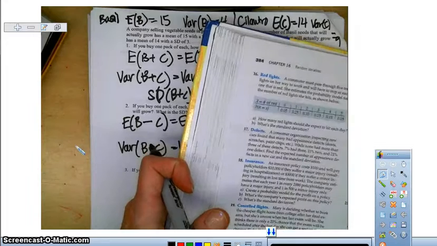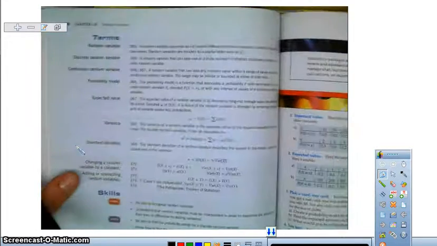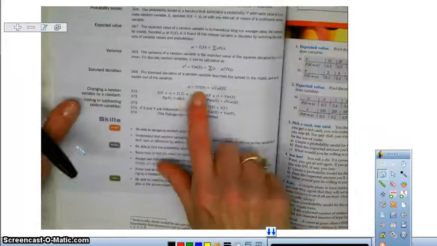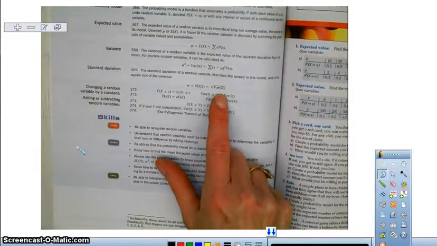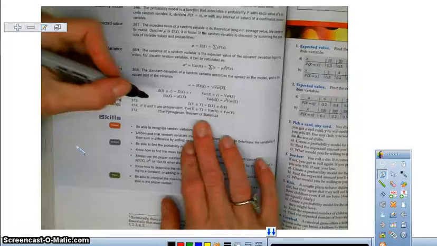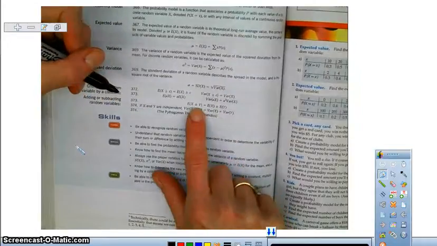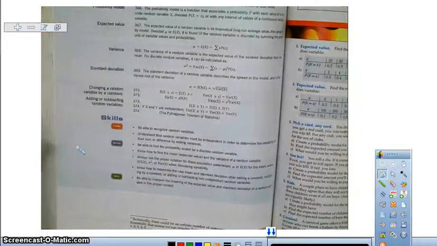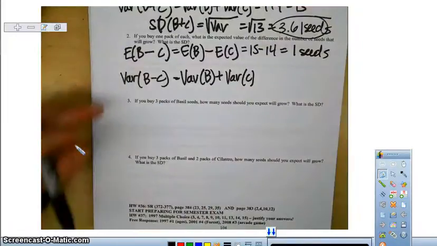All of these formulas are in the What Have We Learned section. The standard deviation is the square root of variance. Right now we're looking at pages 373 and 374. Those are the rules we're using to combine random variables.